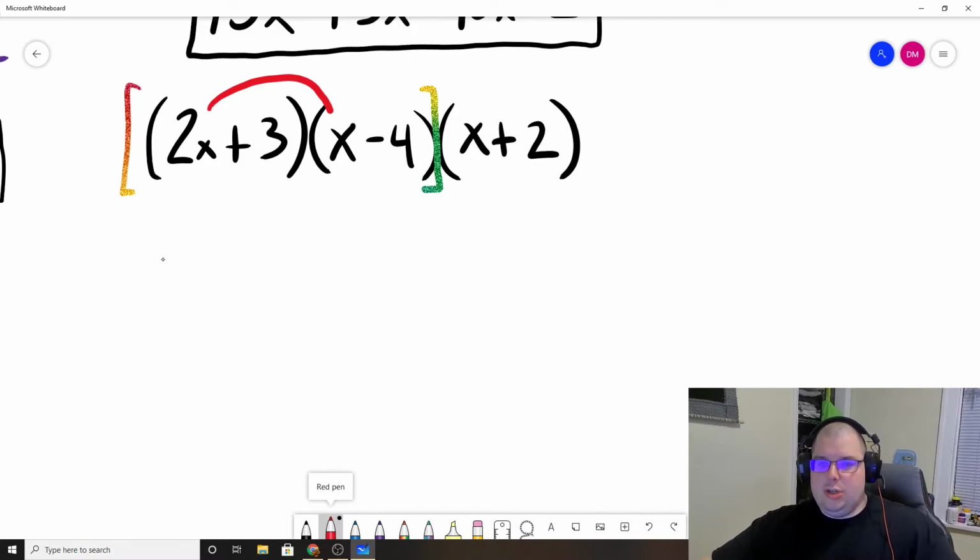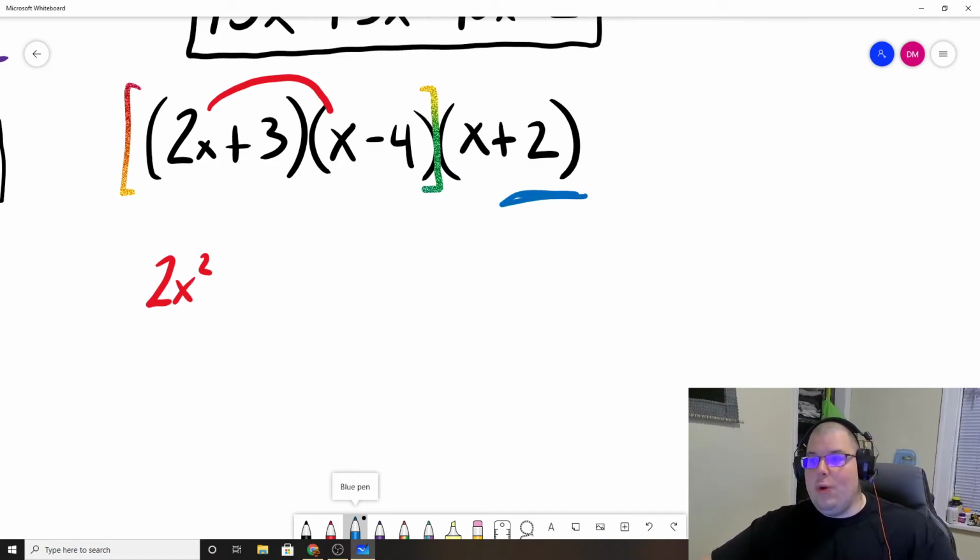I'm going to do 2x times x, which gives me 2x squared. Then I move on to the O, which stands for outside two pieces. And now this is the outside two pieces of just the first two binomials. You're not going way over here to get your outside two pieces. You're staying inside those first two binomials, inside the rainbow brackets that I put down.